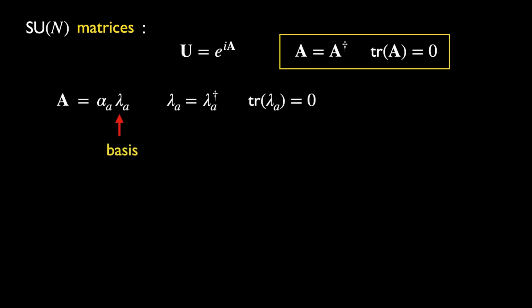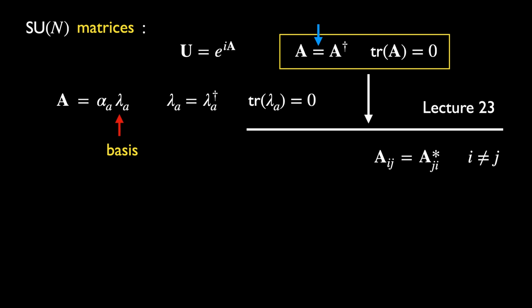Let's count the number of real parameters needed to describe A. We do this by considering these two constraints. We have already done this exercise in lecture 23, but it's worthwhile going through again. The Hermitian condition means that the matrix elements Aij obey these equations. The first equation concerns the off-diagonal elements.